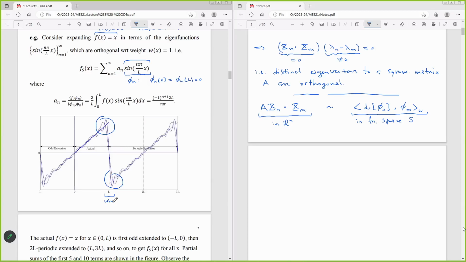Where f is non-zero. Okay. All right. So the price is oscillations, and these are non-physical oscillations. They are numerical oscillations. So that's why you have to get rid of them if you are numerically solving this problem.